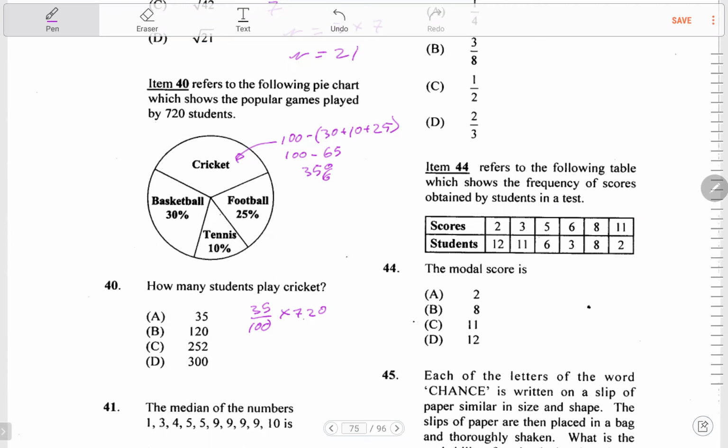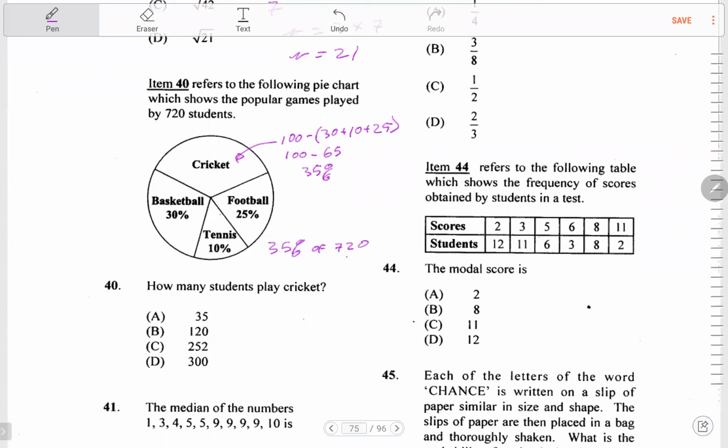Let's say in the exam, you want to get 35% quickly. Let's just examine 35%. So we want 35% of 720. Let's break it down.